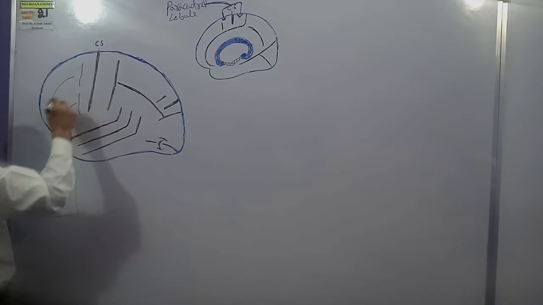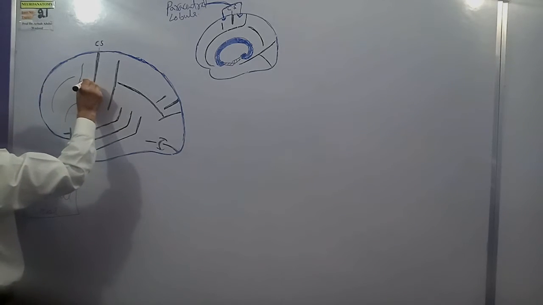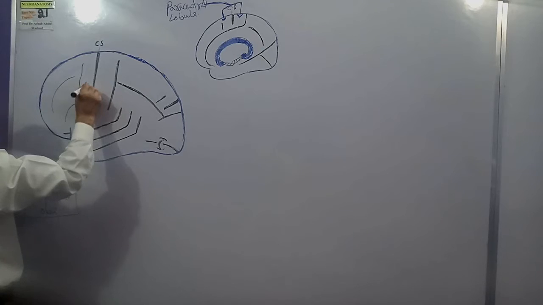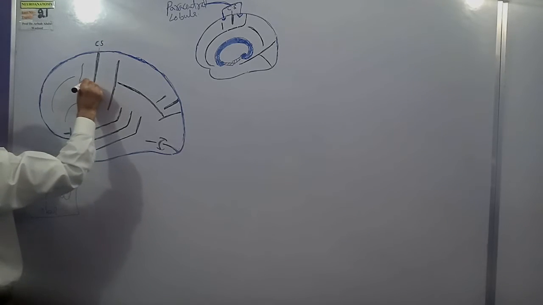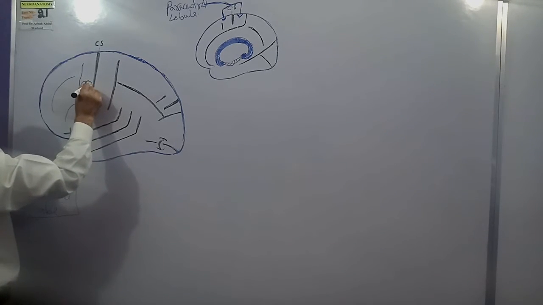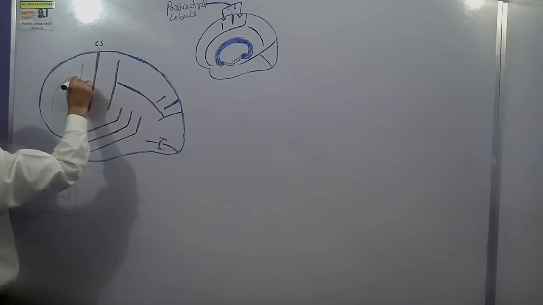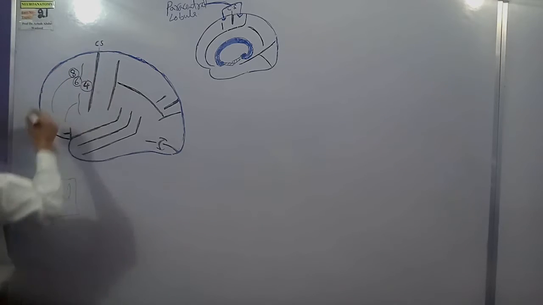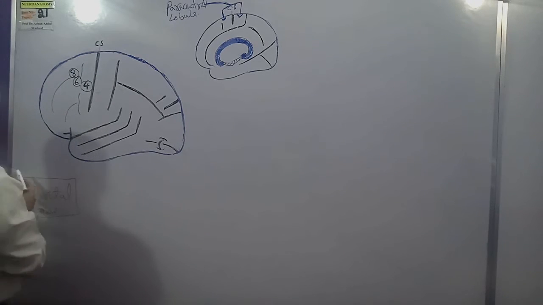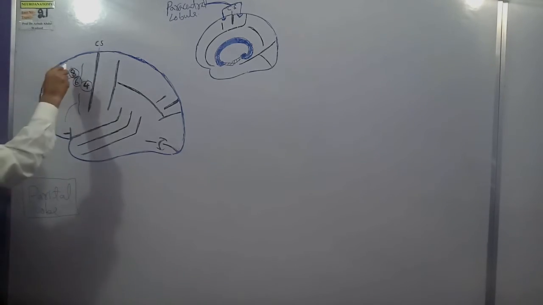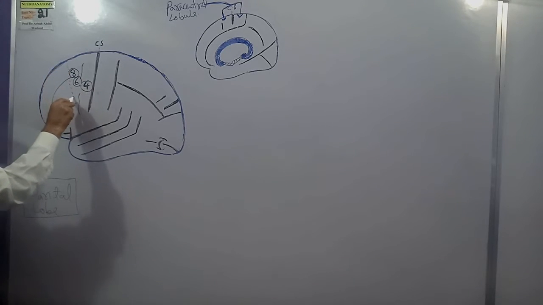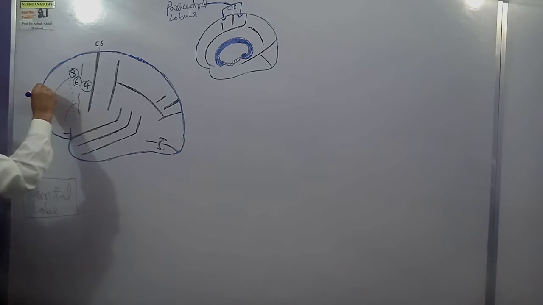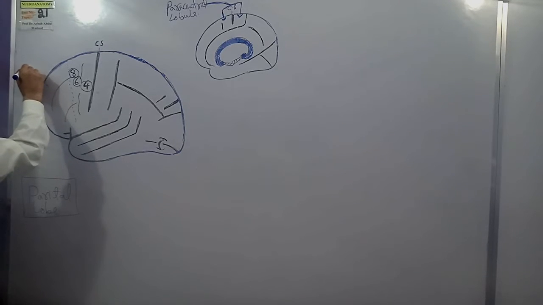In the frontal lobe, we talk about Brodmann cortical area number 4, area number 6, and area number 8. And then an imaginary line here is prefrontal lobe.